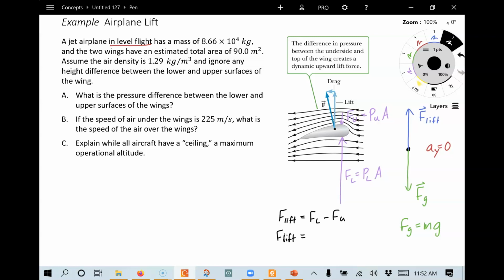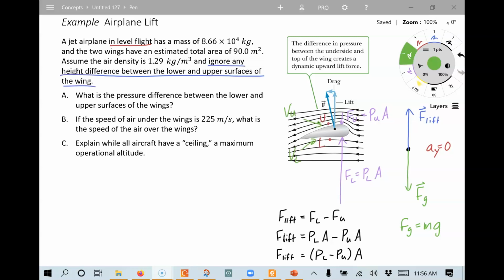So F lower is the pressure at the lower point times the area of the wing, minus F upper, the pressure above the wing at the upper point, times the area. And if we want, we can factor the area out because we're going to assume that the total area of the wing is the same above and below. So we get an expression here: P lower minus P upper, multiplied by A.